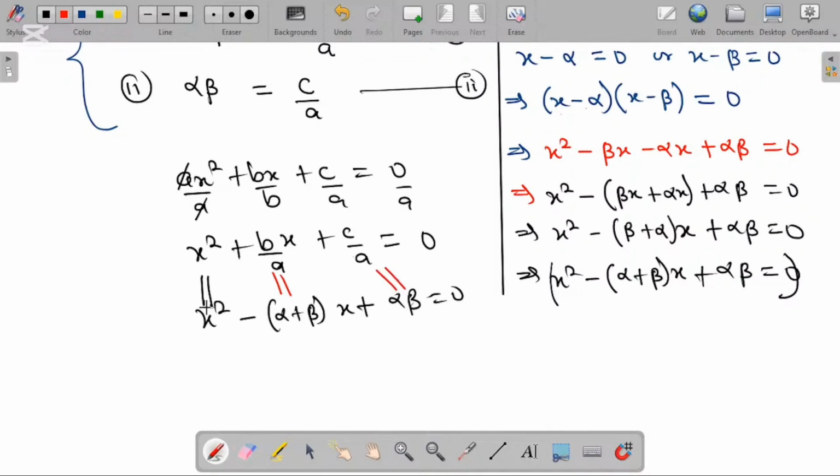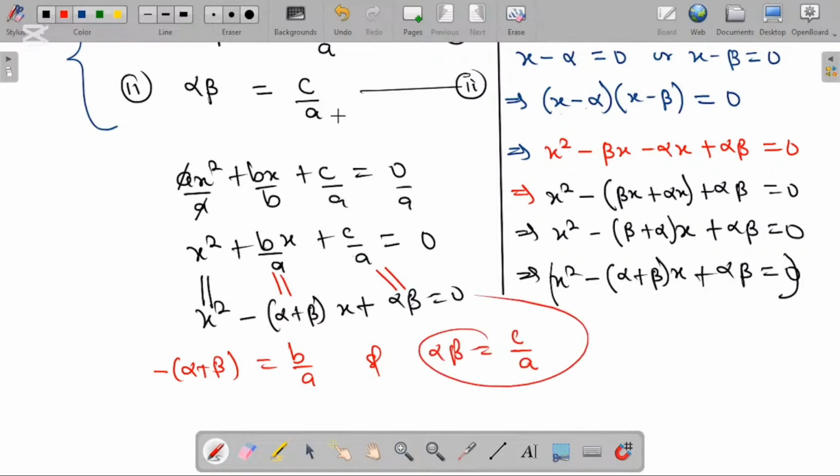So this is how we got that alpha plus beta is equal to minus b over a, and we got that alpha beta is equal to c over a, and that's exactly what we have here.